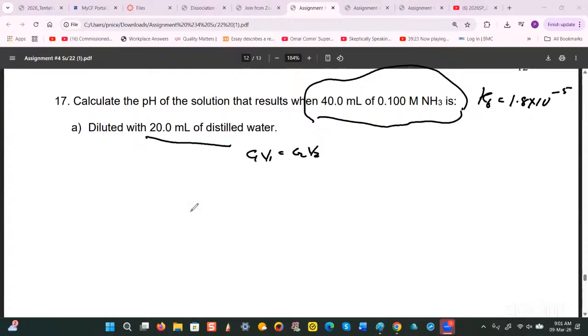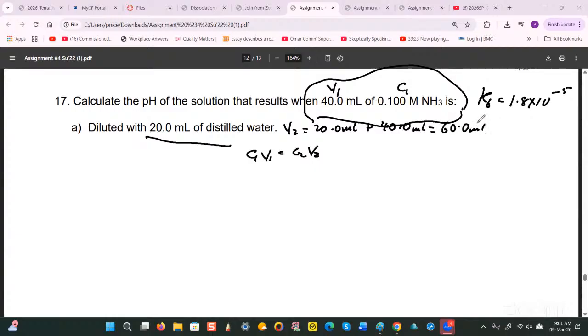Wouldn't it be 40 milliliters times 0.100 molar concentration equals 60 milliliters? Exactly, times, right. So based on what you're telling me, this would be C1, this would be V1, and V2 would be 60, which would be 20.0 mL plus the original 40.0 mL, so that would be 60.0 mL.